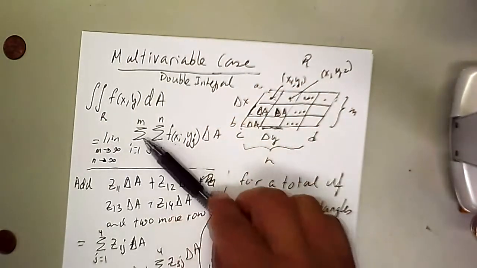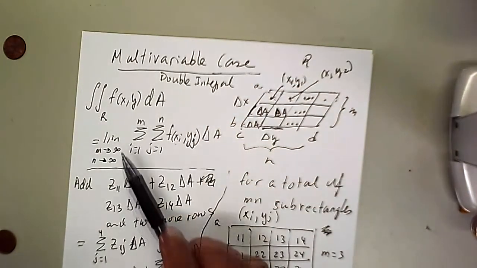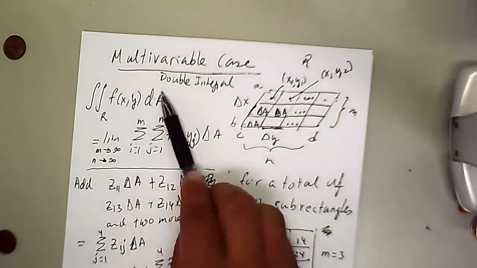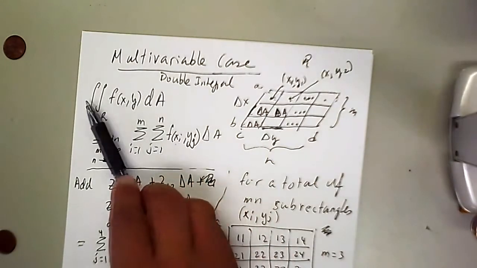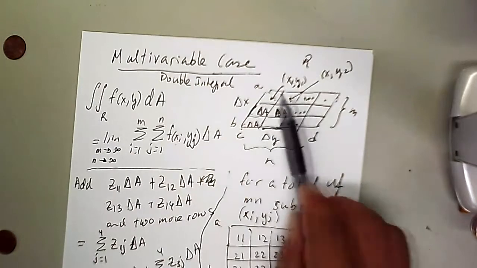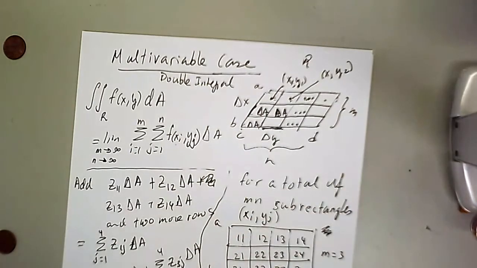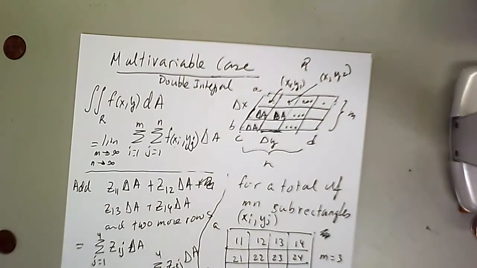It is a limit of a double sum. Again, it is a somewhat formal definition of a double integral over a rectangular region. In the next video probably, we're going to define a double integral over a region that is not necessarily rectangular.